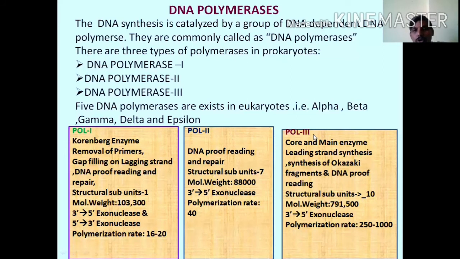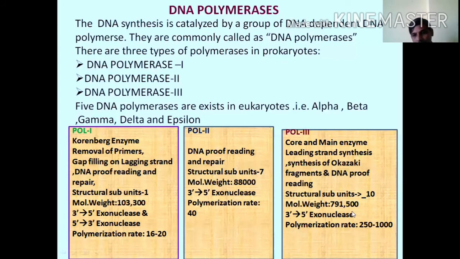The main core enzyme in the DNA replication process is polymerase 3. That's why it is the core enzyme in the elongation process. It synthesizes DNA strands on both the leading and the lagging strand. Okazaki fragment synthesis as well as leading strand synthesis are both performed by polymerase 3, along with DNA proofreading. Structural subunits are nearly less than or equal to 10.